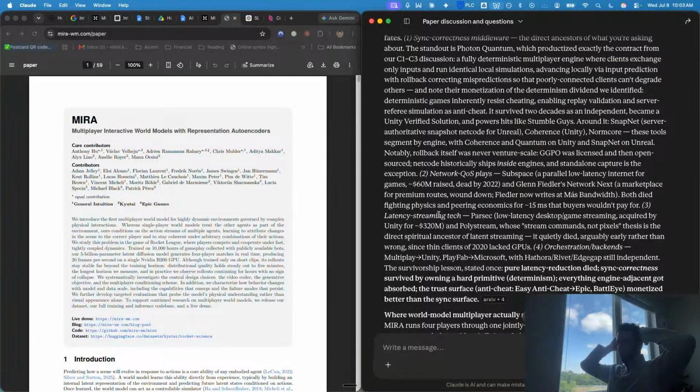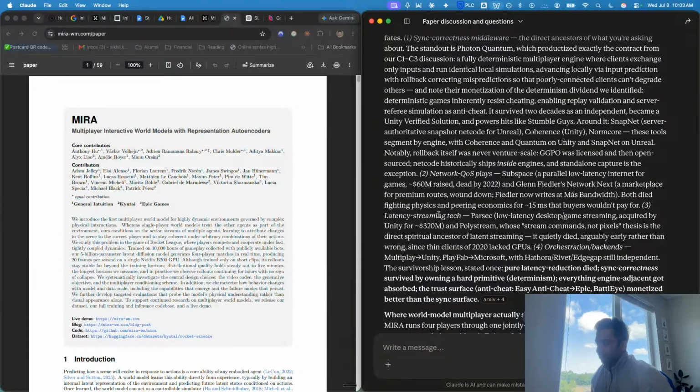Three, low latency streaming tech. Parsec, I don't actually understand fully what this company does. But what it says on the website is, suppose you have a laptop that's not that powerful. They have a bunch of cloud instances of servers that are powerful, and then your laptop communicates with their high performance computers.